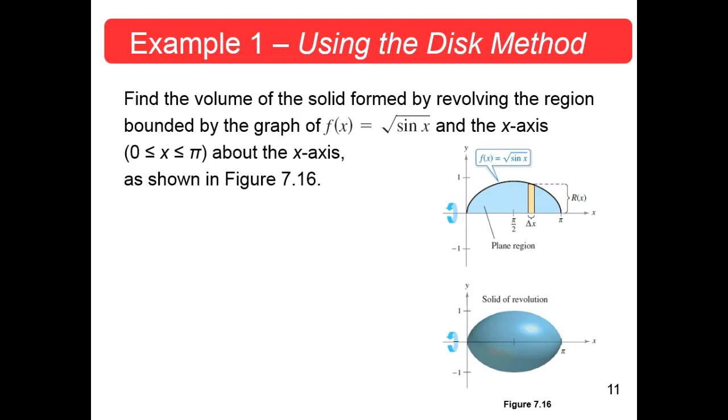Goodness gracious, how it looks there and how it looks on my slide is very, very different. Let's see how it looks in the book. That doesn't look anything like the figure in the book.